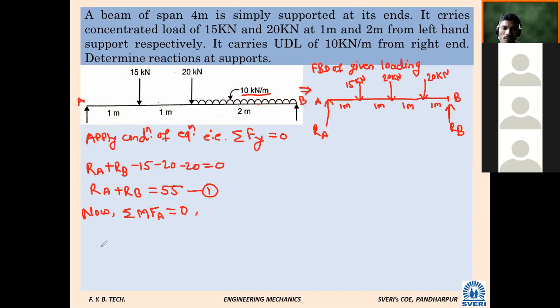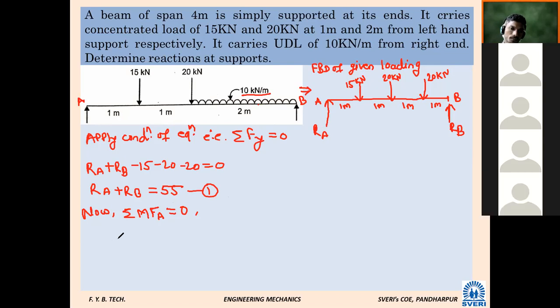Summation of moments equal to 0. Tell me the equation. What is the moment due to RA at point A? 0. What about the 15 kilonewton, clockwise or anti-clockwise?